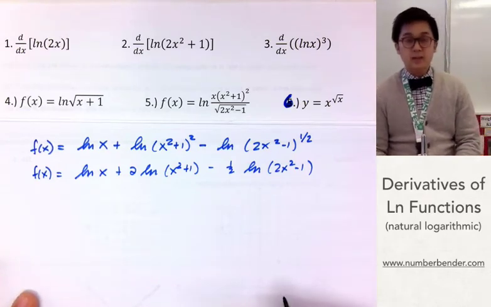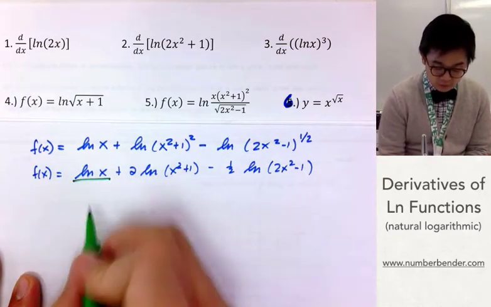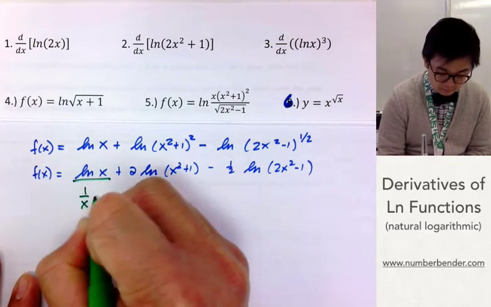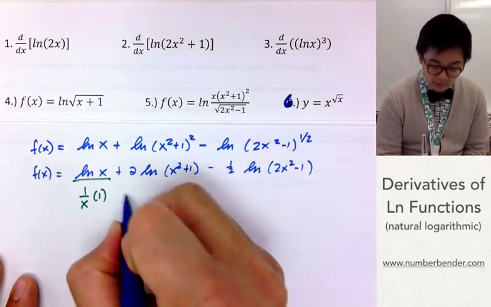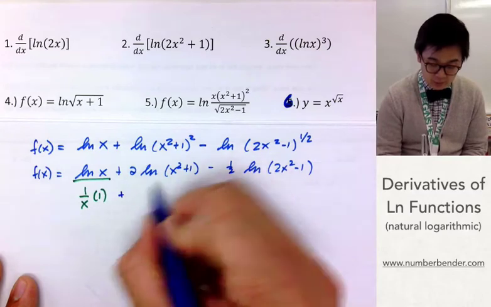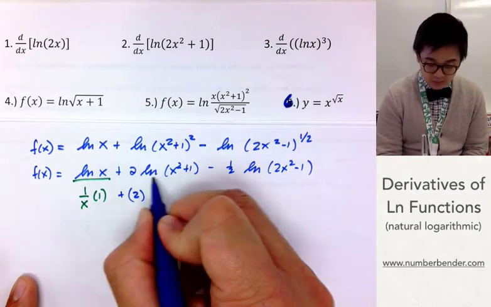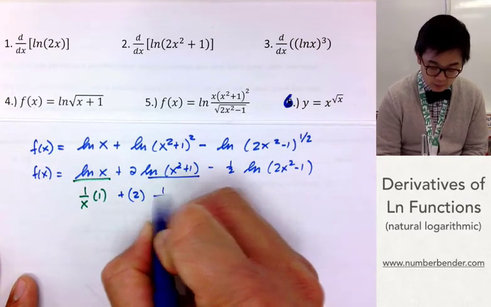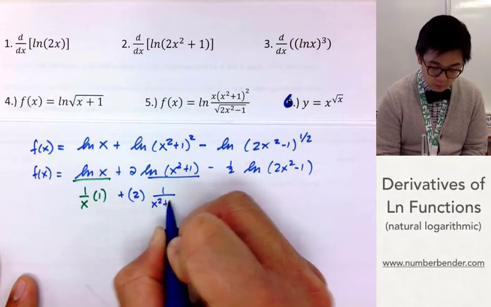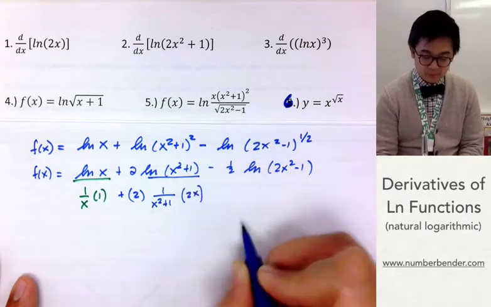So let's go ahead and take the derivative of each term. The derivative of the first term is simply 1 over x times 1, which is the derivative of x, added to this one. For this one, we ignore the constant and take the derivative of ln of x squared plus 1, which is 1 over x squared plus 1 times the derivative, which is 2x.